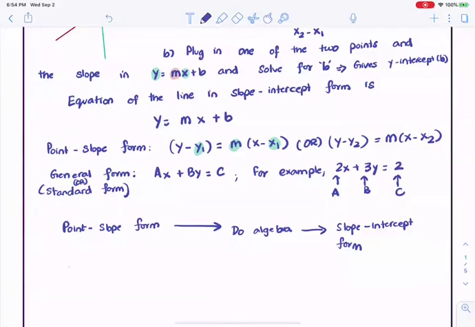If you took the general form and if you rearrange it like we did in the previous video, so do some algebra, you will get the slope intercept form. By all means, the slope intercept form is the most commonly used version of a line.